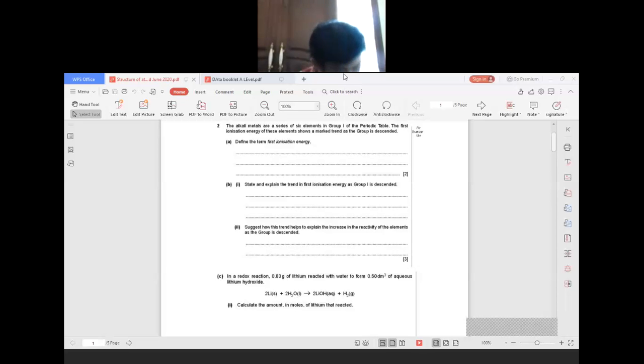What happens with the shielding? More shielding. And then what happens with the nuclear charge? Less nuclear charge. Less nuclear charge makes the first ionization energy less.